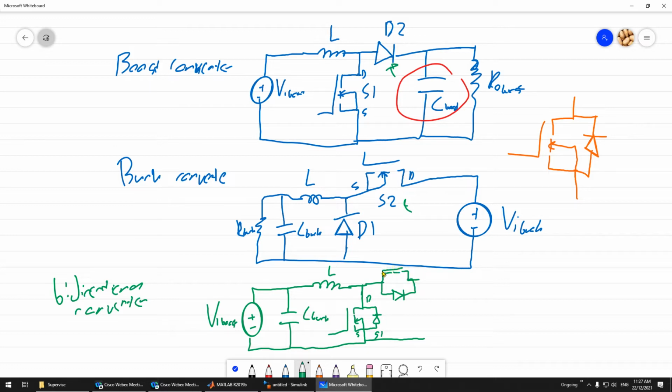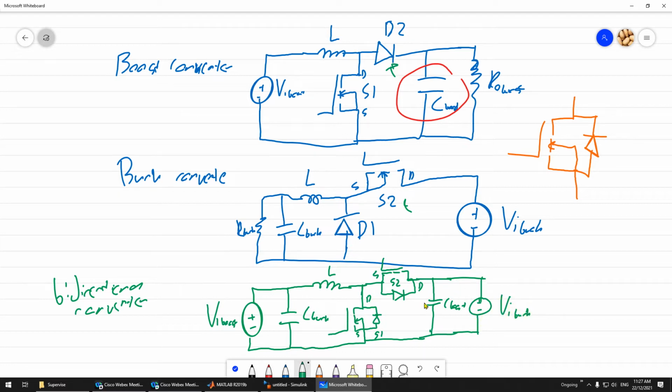Okay, something like this. This is S2, drain and source, and of course you need to have a C boost, and lastly a plus minus V in buck.